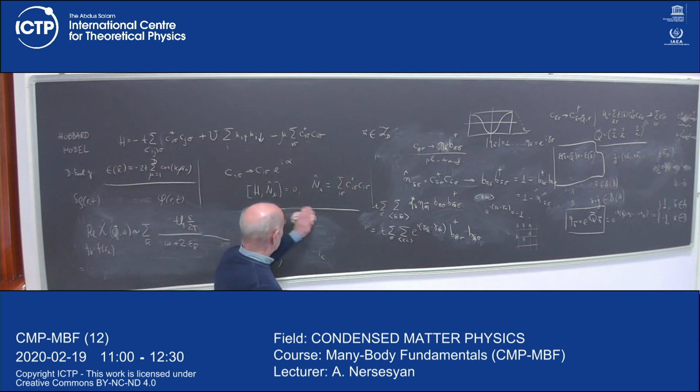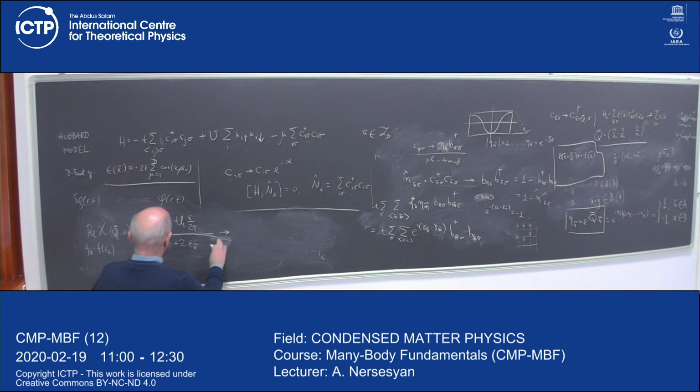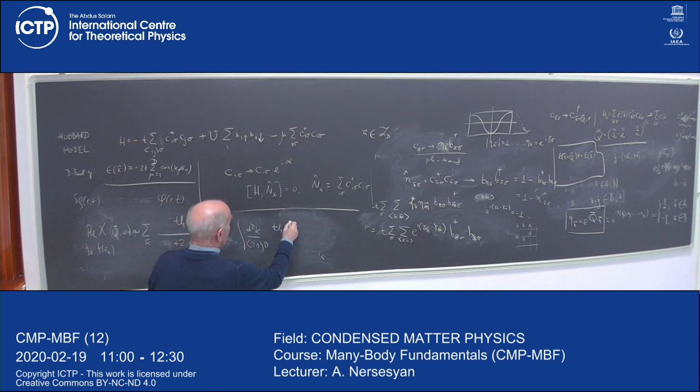And now with your permission, what I want to do is to consider a static limit when omega goes to 0. Then this transforms to the integral d^d k over 2 pi to the power d. I don't need it, in fact. Well, I will write it down nevertheless, but then it's already clear that I don't need it.